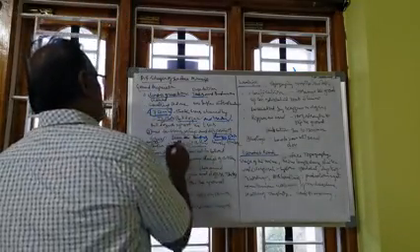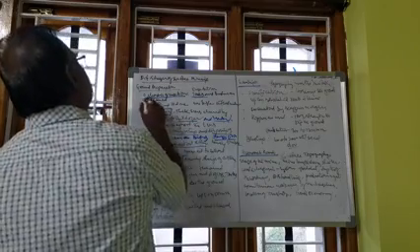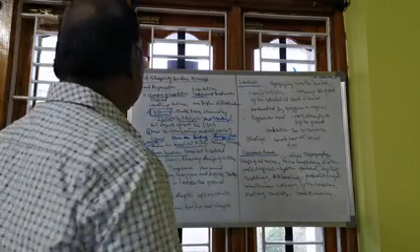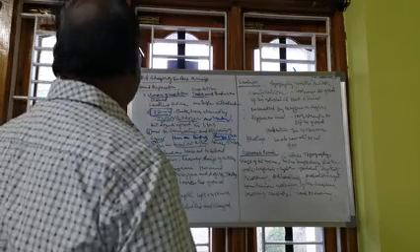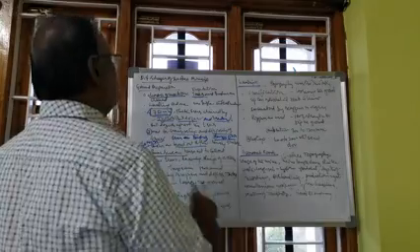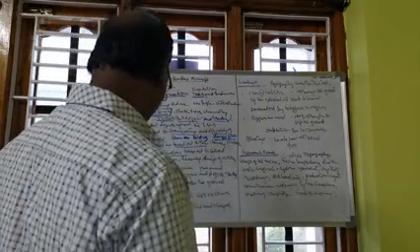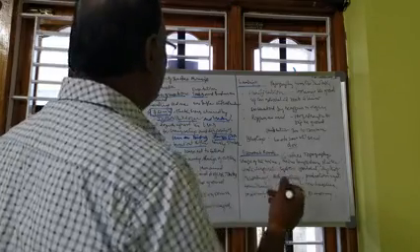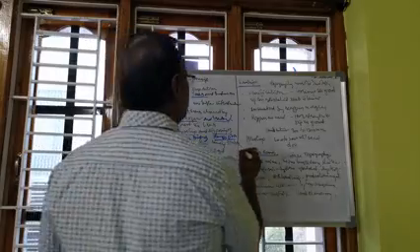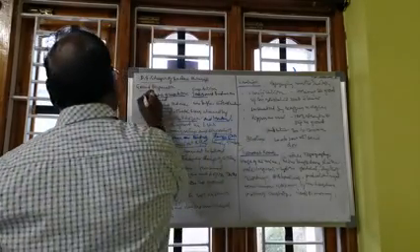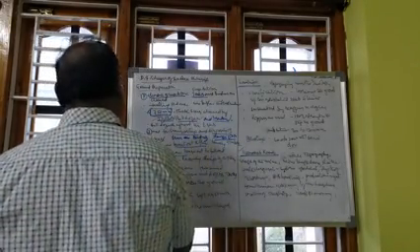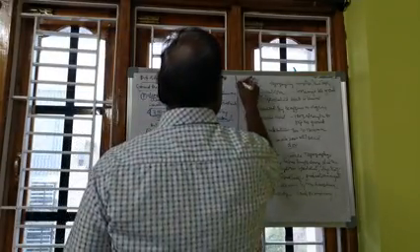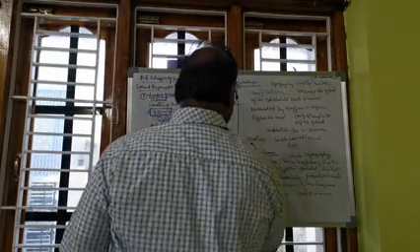So the first one is the clearance of the vegetation, and the second thing is the grubbing. The third one is the leveling, and the final one is the formation of the approach.